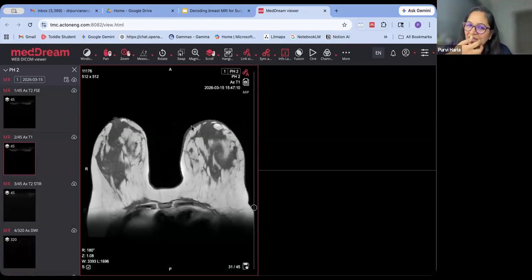But otherwise, the most important thing is to get the entire breast inside the coil, and scan the patient.